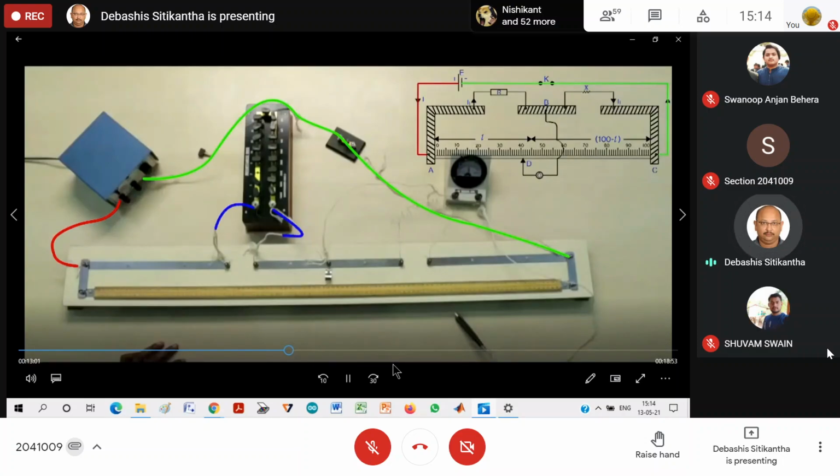Next, the known resistance, which is this resistance box, we have connected to the left gap in the meter bridge. And the unknown resistance we have connected to the right gap in the meter bridge. So the positive of the galvanometer is connected to the center of the meter bridge, and the negative is connected to the jockey.